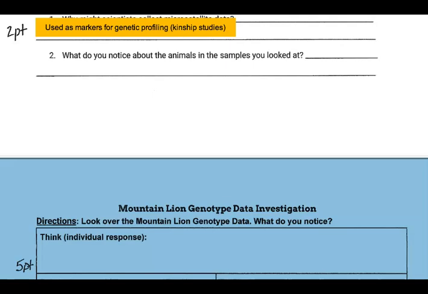And what do you notice about the animals in the samples that you looked at? Were most of them homozygous or were most of them heterozygous?